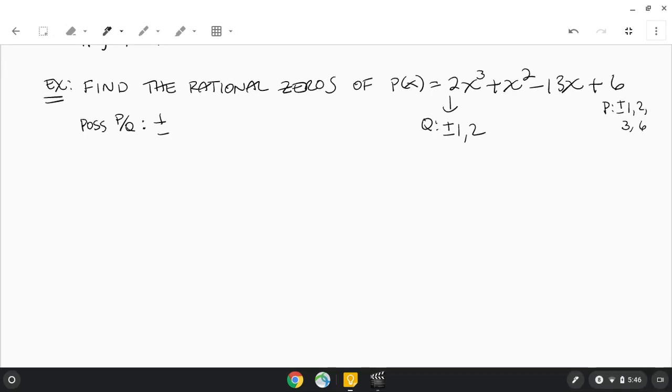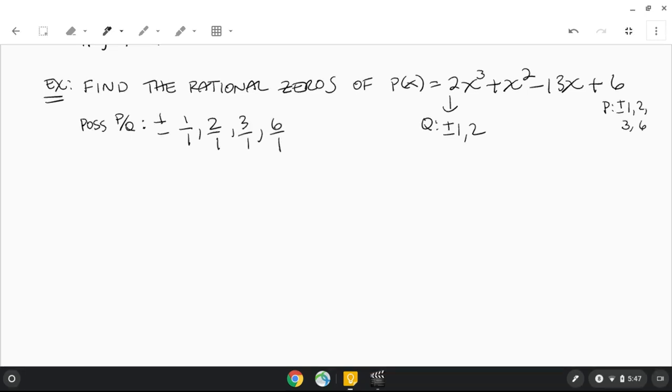So I'm going to start with that p value 1 and that q value 1. So I'm going to get 1 over 1, 2 over 1, 3 over 1, and 6 over 1. Moving on to the next denominator, this q value over here, 2.